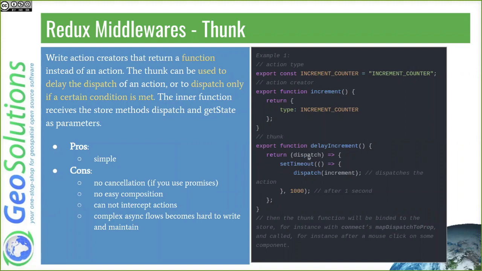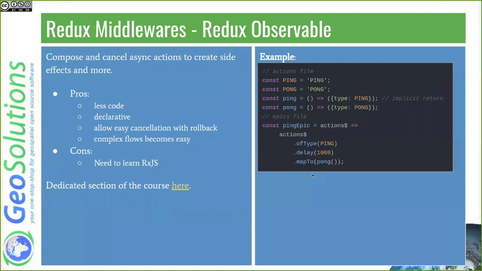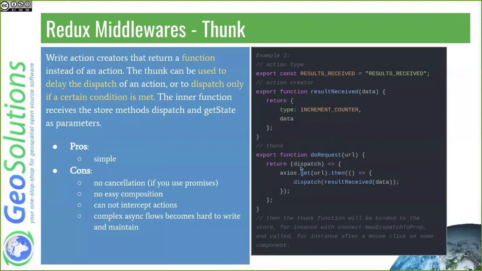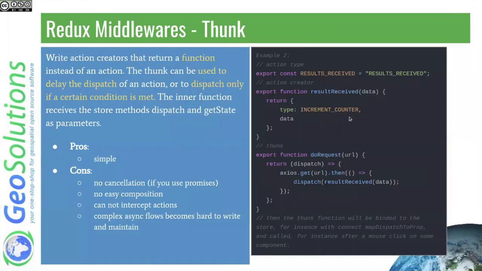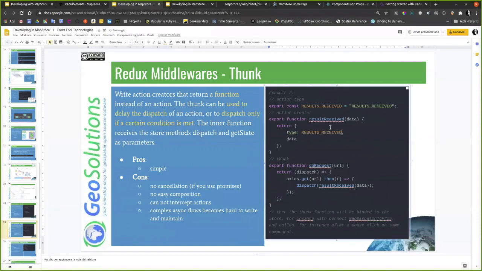So here I have an action. I can define an action that allows me to update the result, and I also have an action, sorry, I misspelled this one, result received. So I can define an action that updates my state inside the application.